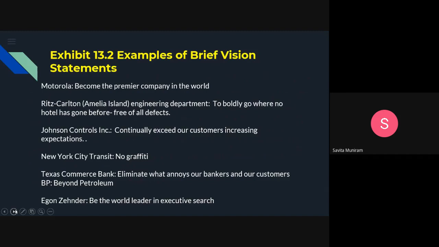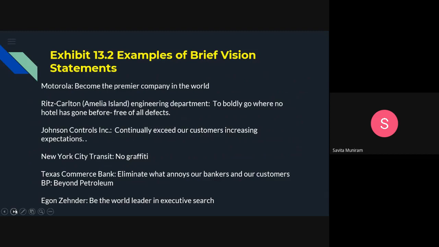All right, and these are some examples of vision statements from companies that you may know. I'm sure that you may know a few. Motorola: becoming a primary company in the world. Ritz-Carlton engineering department: to boldly go where no hotel has ever gone before, free of all defects. Johnson Controls Limited: continually exceed our customers' increasing expectations.